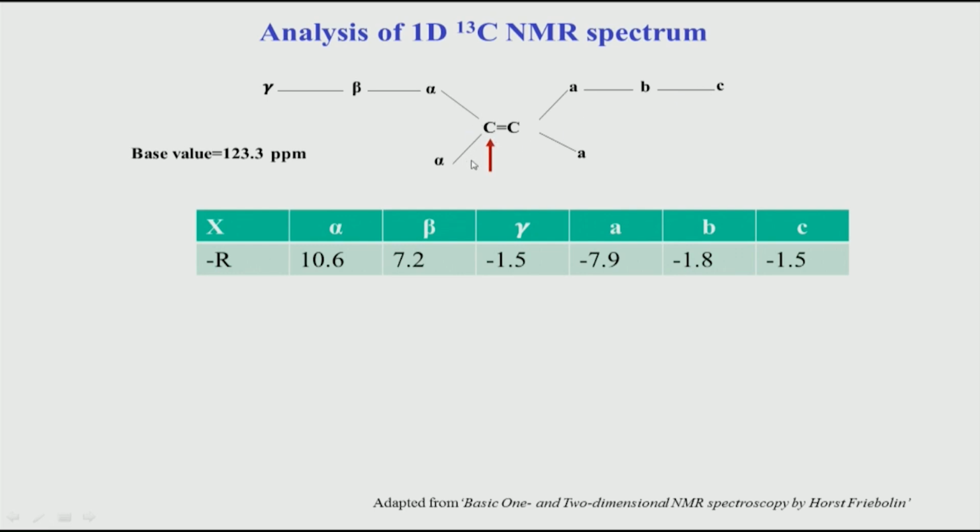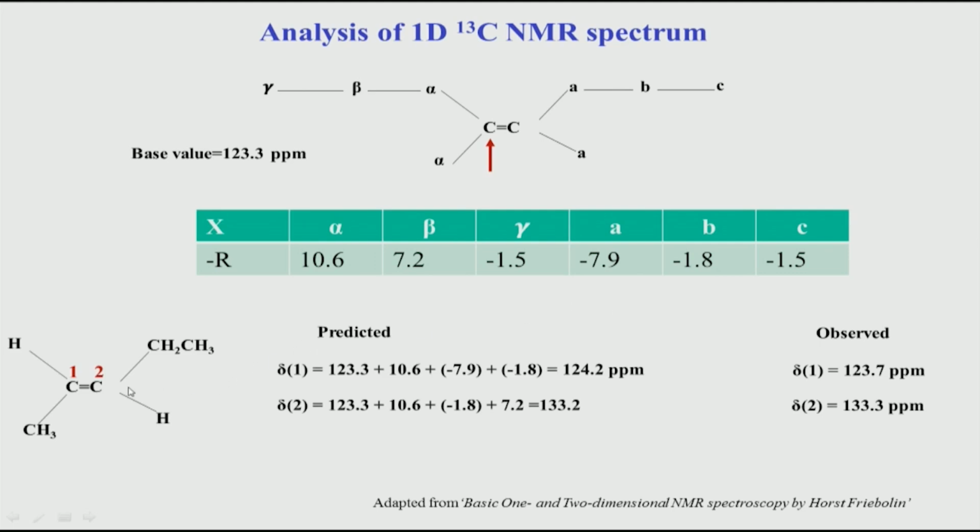So, we are now trying to calculate the chemical shift of this carbon. This carbon where the arrow mark is shown, we are going to calculate based on substituents at these positions. Let us look at this molecule here. There is a hydrogen here, there is CH3 here, there is CH2 CH3. Now look at this corresponding picture here.